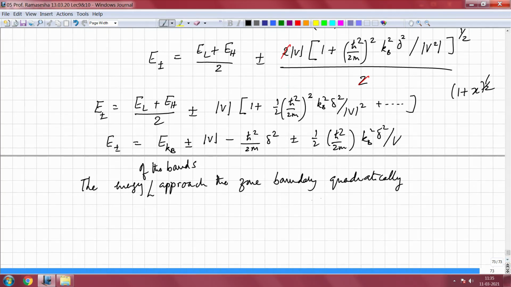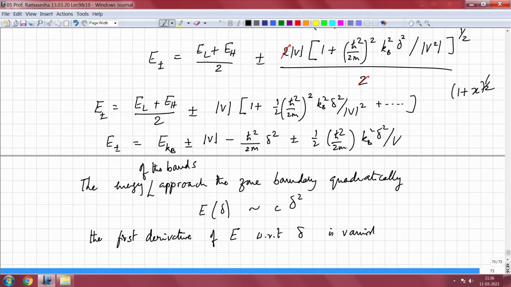That is, the energy goes as some constant times delta squared, where delta is the displacement from the zone edge. So, this shows that the first derivative of E with respect to delta is vanishing at the zone boundary, which is delta equal to 0.